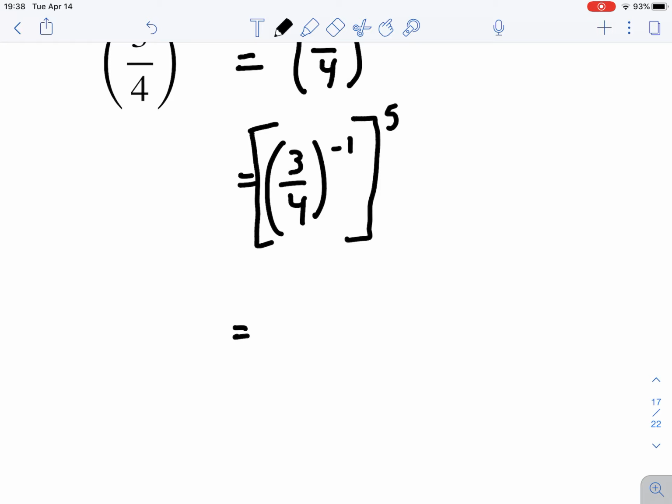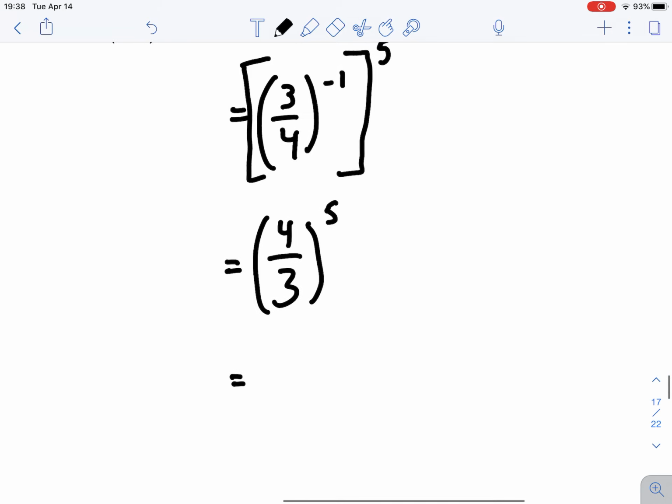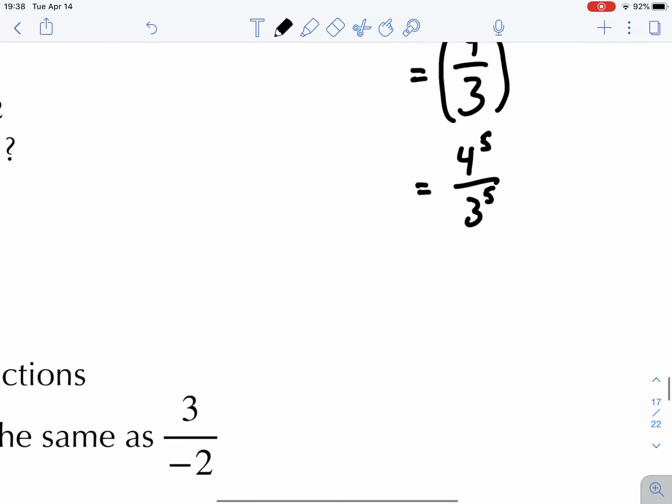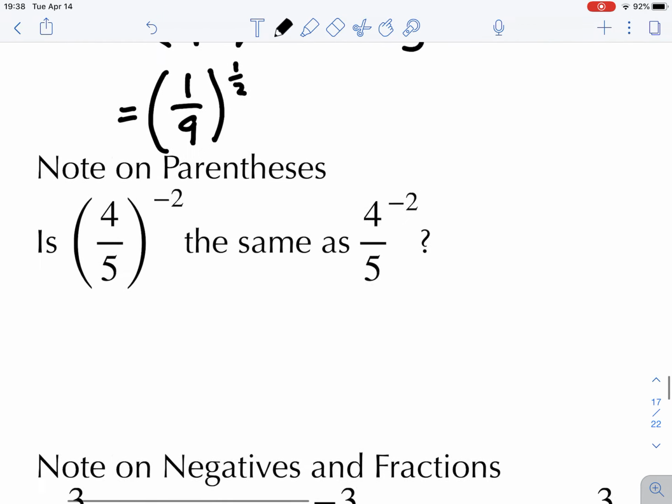So that's equal to, the negative 1 tells me to do the reciprocal, 4/3 to the power of 5, which is equal to 4 to the power of 5 over 3 to the power of 5. Now, both of those are big numbers that I don't know. I don't have my calculator out right now. I might need to get that out.